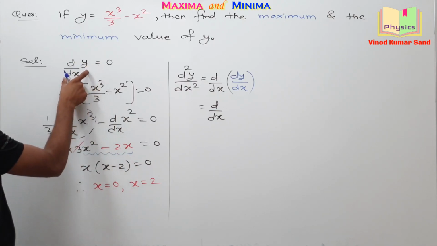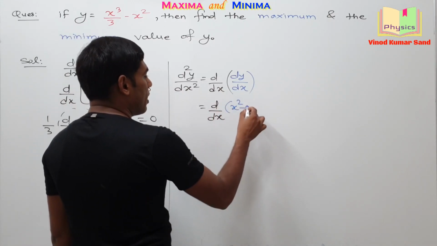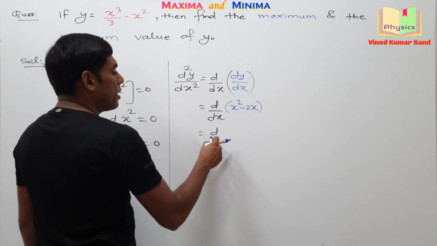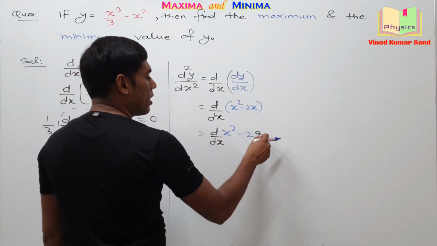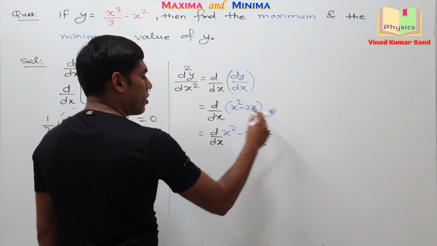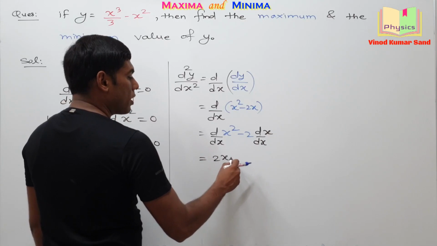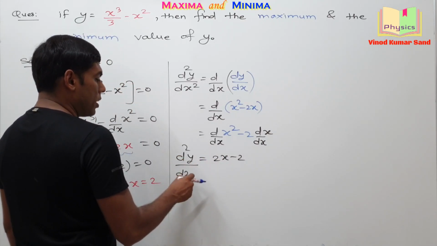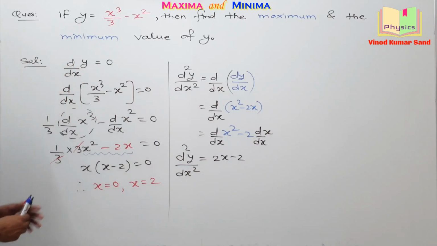You have solved the dy by dx already, so it can be written as x square minus 2x. d by dx of x square minus 2 is taken outside, d by dx of x, so it will be equal to 2x minus 2. This is your d2y by dx square. Keep these two values ready.